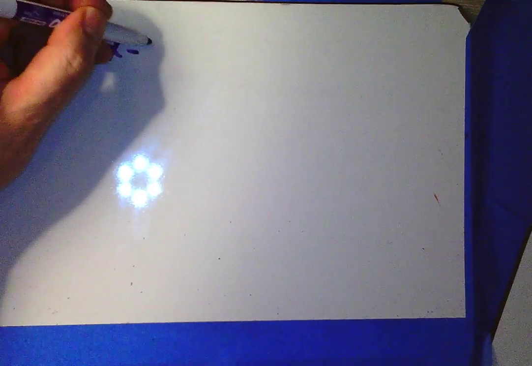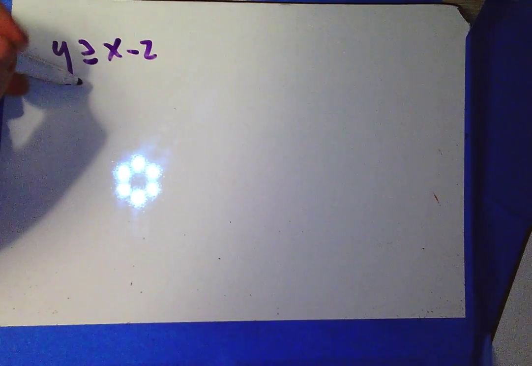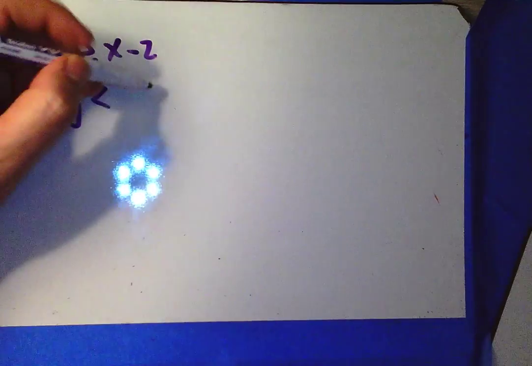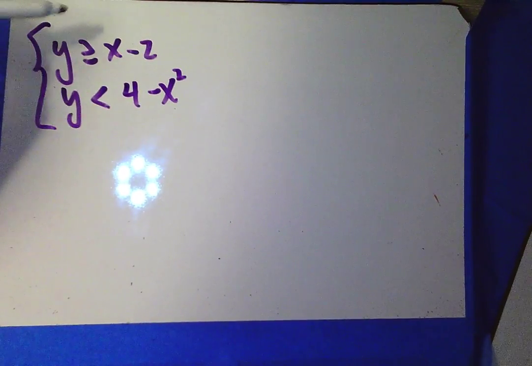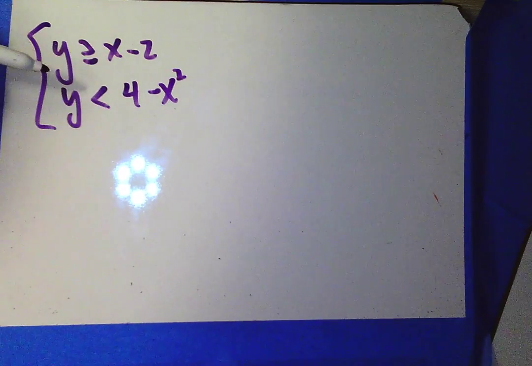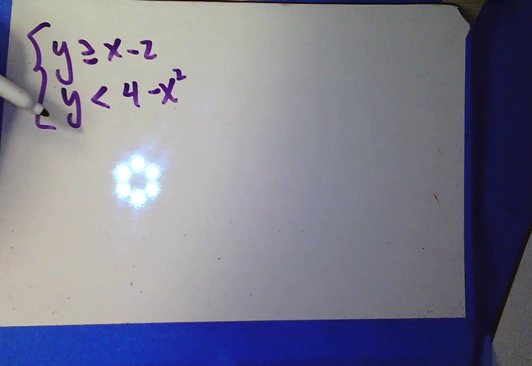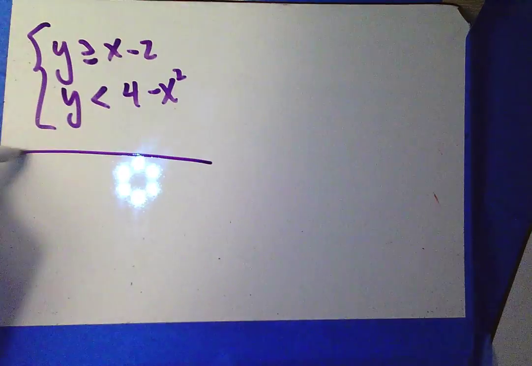How about y is greater than or equal to x minus 2, and y is less than 4 minus x squared. Notice one of our lines will be solid, and the other will be dotted. You know, I kind of enjoyed two problems ago finding the point of intersection first, so I think I'm going to do that again.